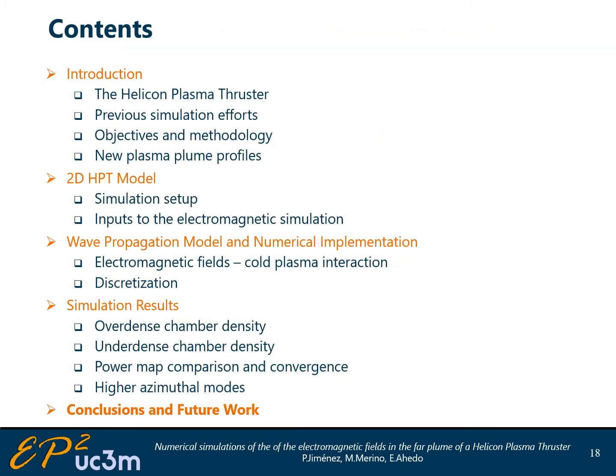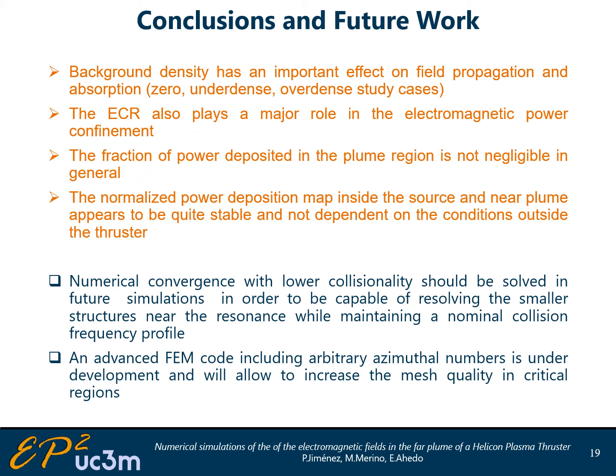So let's finish with some conclusions and propose future work. We've seen from the simulations that the background density has an important effect on the field propagation and the power absorption. We've also seen that the electron-cyclotron resonance seems to produce a very effective power confinement, and this is more remarkable even in the overdense case.